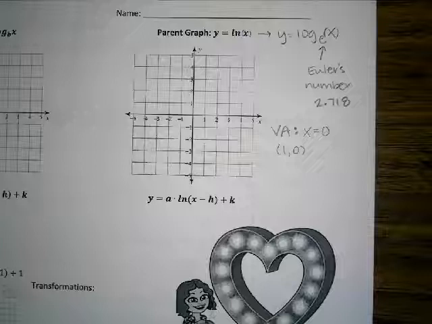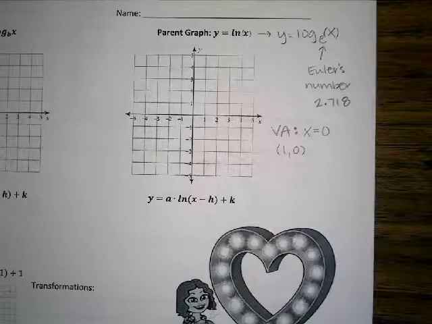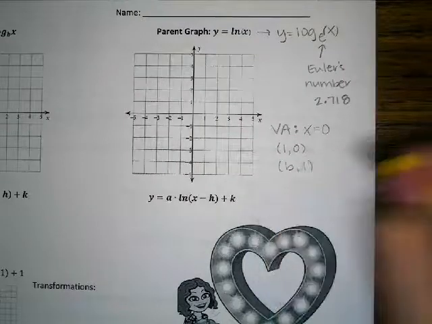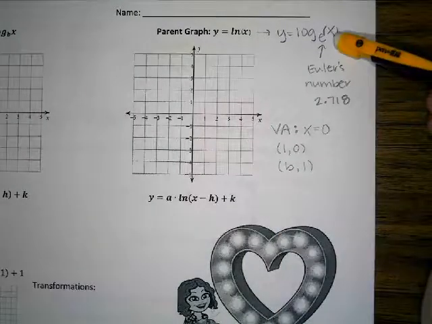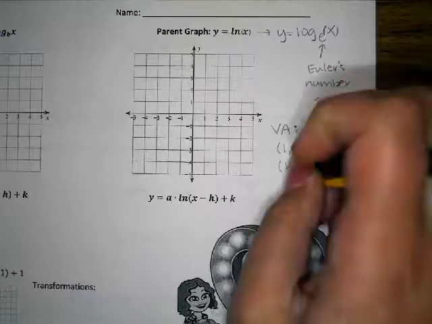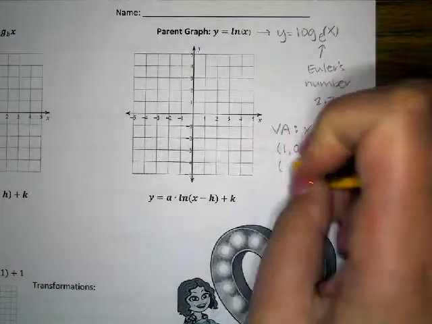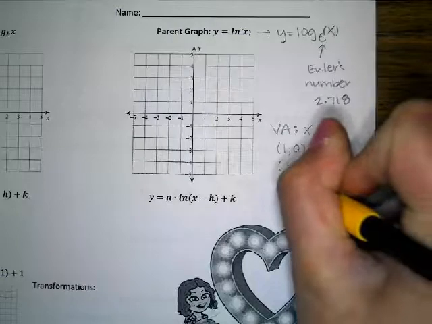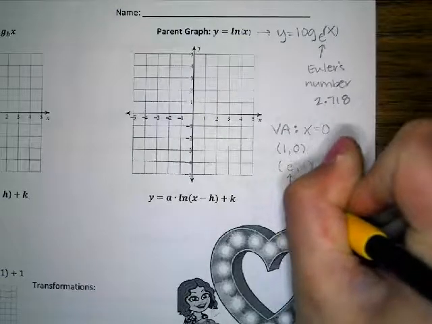And instead of having the point 1 comma the base, you're going to have the point the base comma 1. But in this case, for the ln graph, the base is always going to be e, which is actually 2.718.